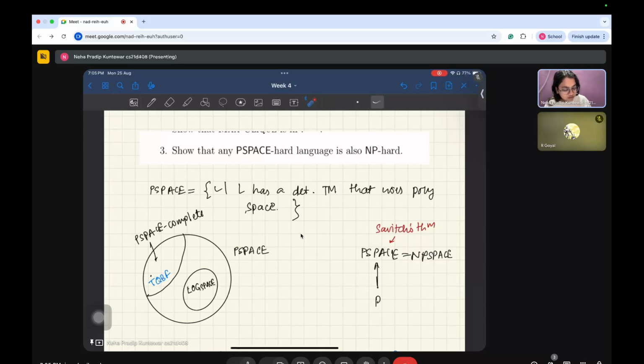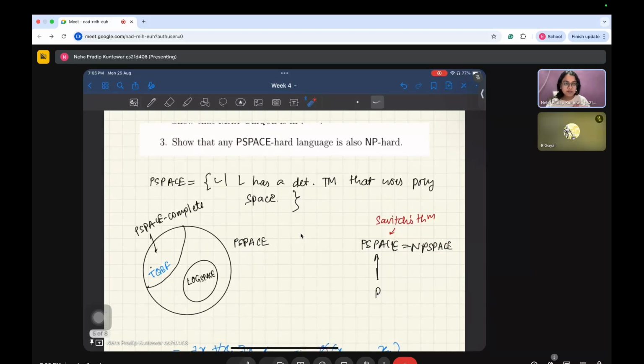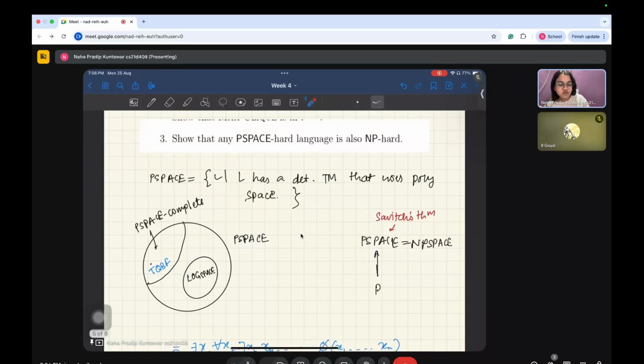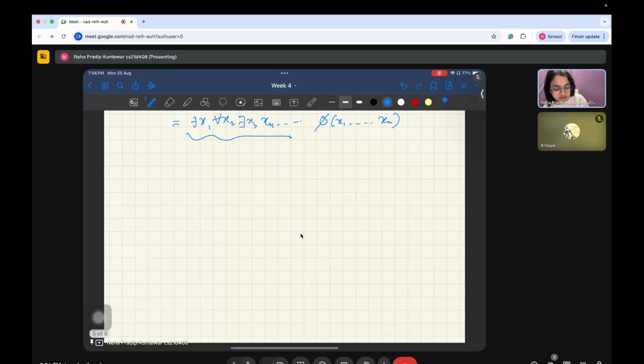But if we want to prove it, one way to do that would be to show the reductions. If I ask you to show that something is NP hard, generally what you do is give me a reduction to some NP-complete problem, or some NP-hard problem.